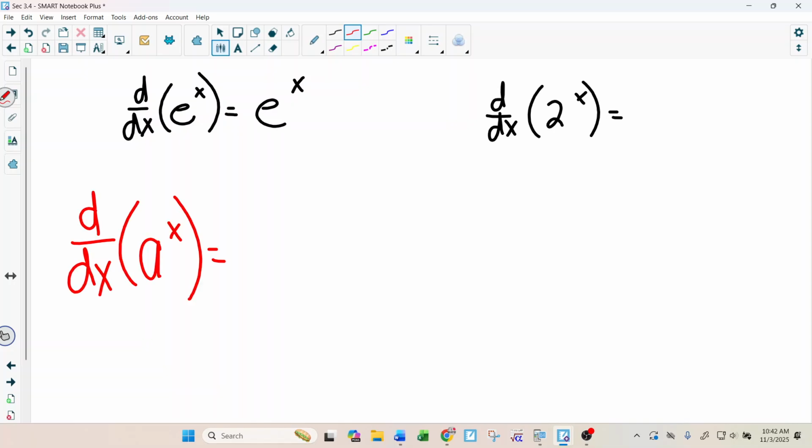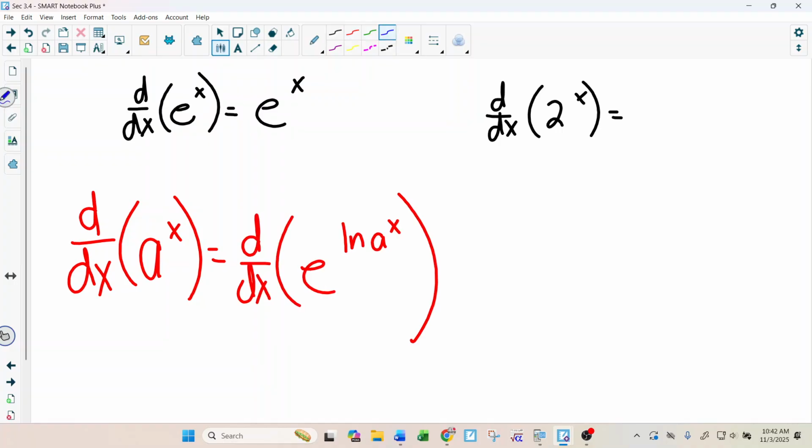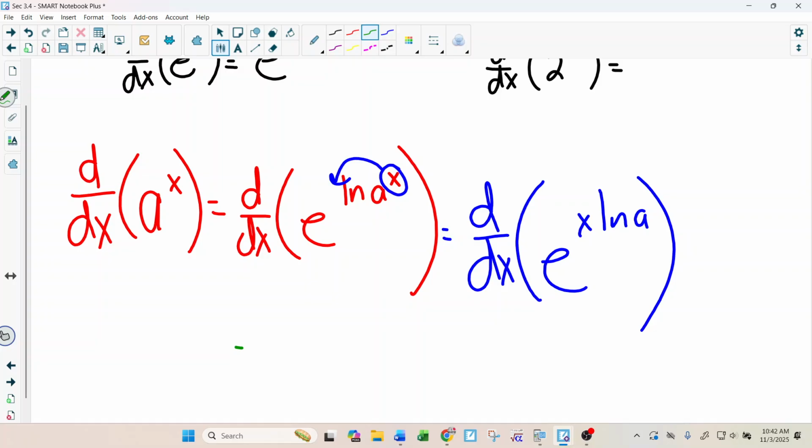First thing we're going to do is we have to E it. So we're going to rewrite this as e to the natural log of a to the x. Our properties of logarithms say we can take this x and move it out front. So what we're really doing is taking the derivative of that. From what we already talked about today, what is the derivative of e to some junk?